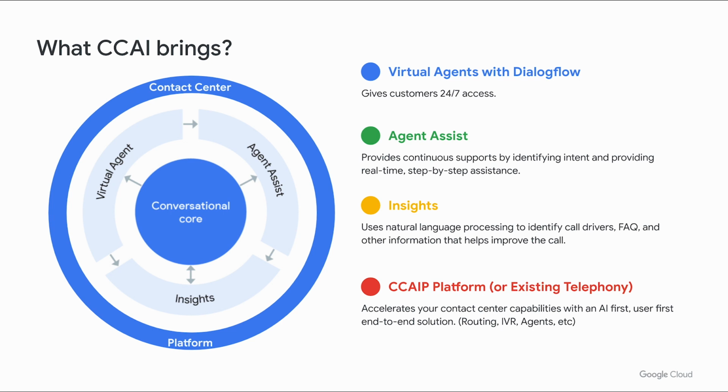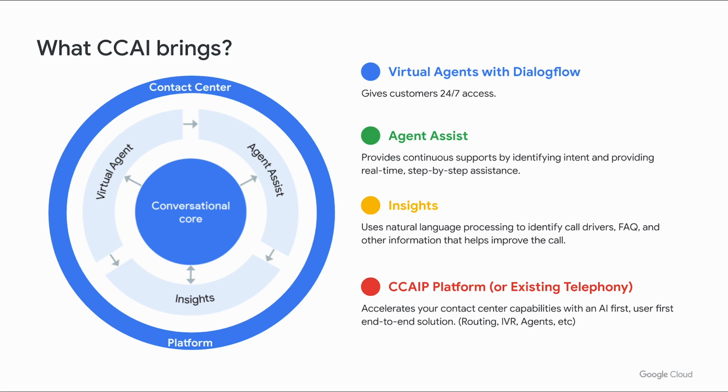The virtual agent, powered by Dialogflow with Speech AI, provides both a text and voice channel for call containment for common call topics. For more complex topics that require a human service agent, we have Agent Assist that listens into the ongoing conversation and provides assistance to the human service agent through knowledge-based lookup and recommended resolution steps.